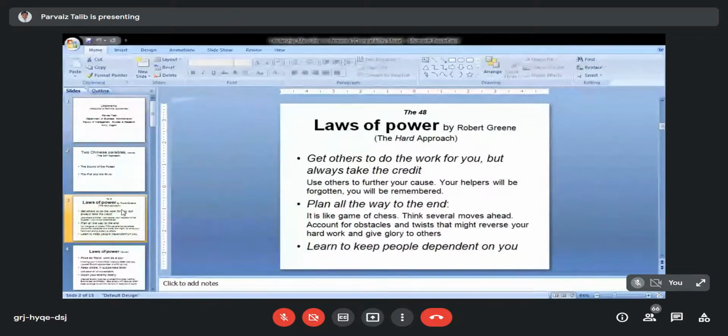So I have already discussed with you the two Chinese parables. So I'll come to this Laws of Power by Robert Greene. And naturally, I will not be able to cite all the laws. I'm just sharing with you some of the laws so that you can appreciate what is the content of the other laws also. This sample I'm sharing with you will give you a sample of the thought process.